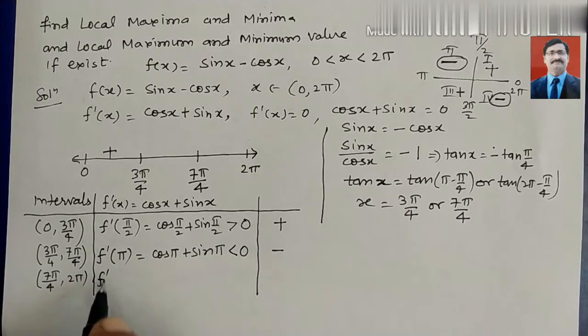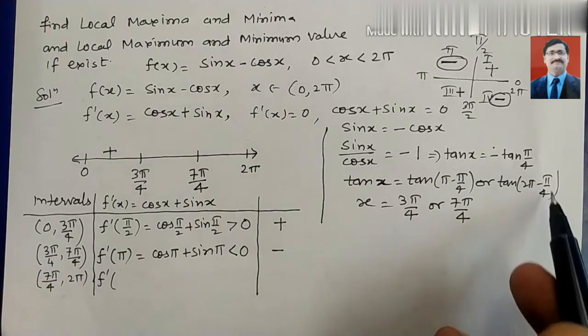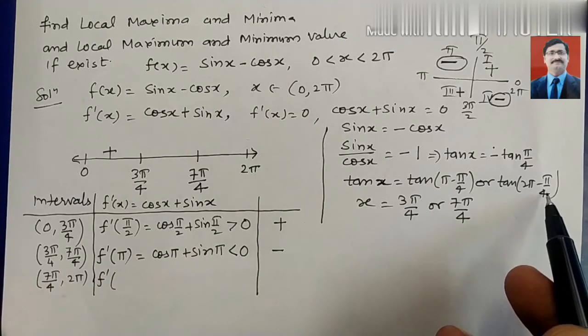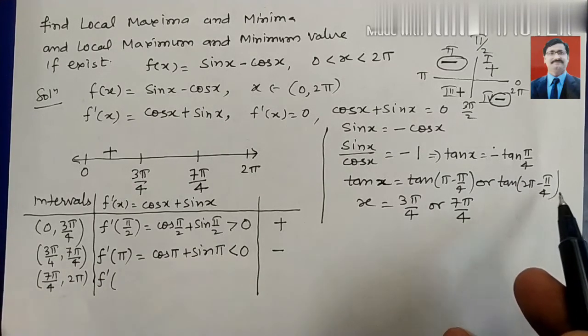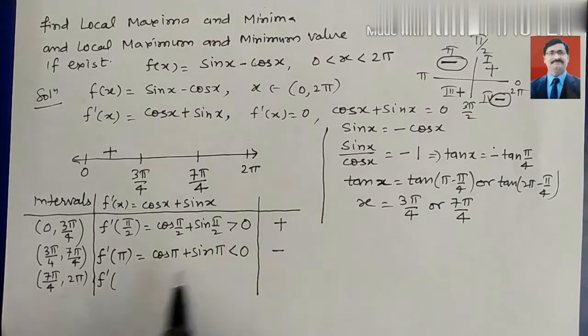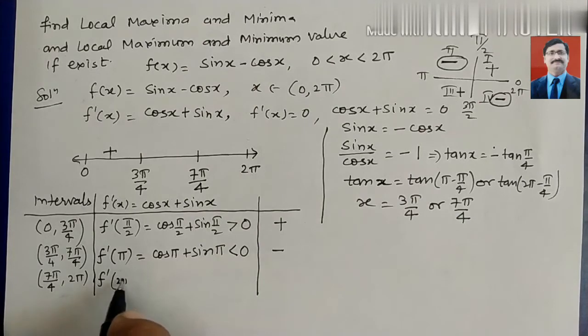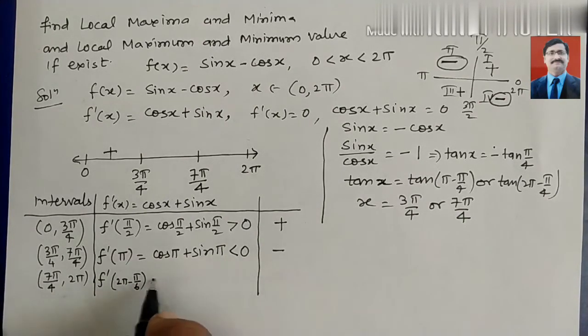Then lastly, we take 7 pi by 4 to 2 pi. 7 pi by 4 is 2 pi minus pi by 4, so we can subtract 30 degrees, that is pi by 6. So here cos of 2 pi minus pi by 6 plus sin of 2 pi minus pi by 6.